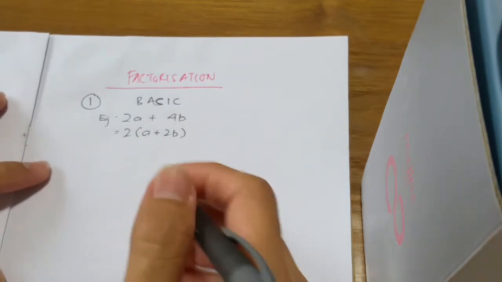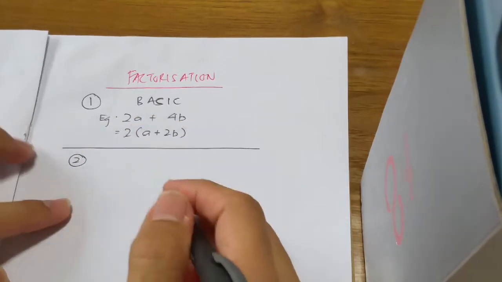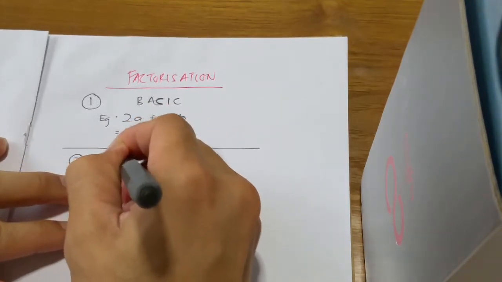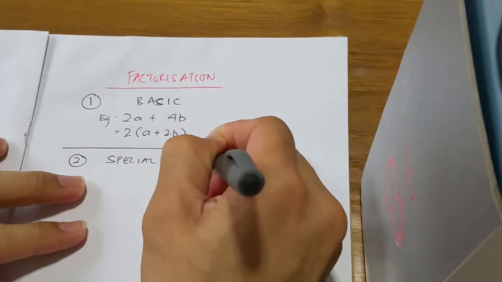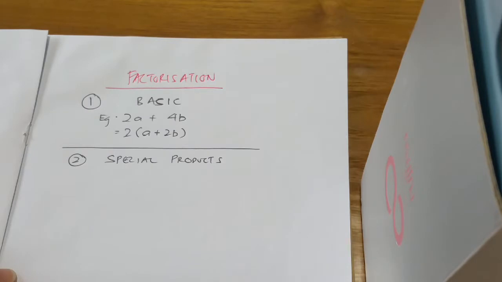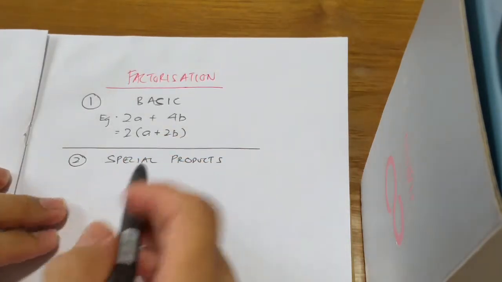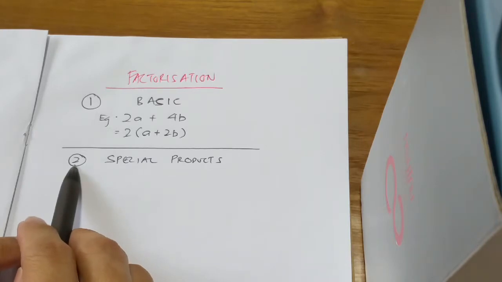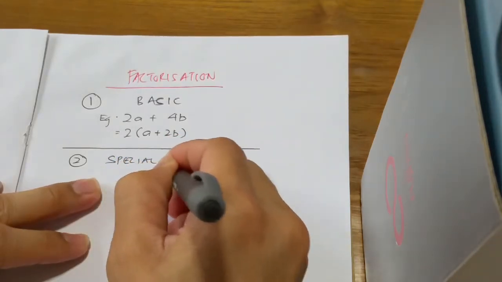And the second layer is the special products. Some of you are not sure what special products are. This method is used when you have two terms in the expression, for example a square minus b square.